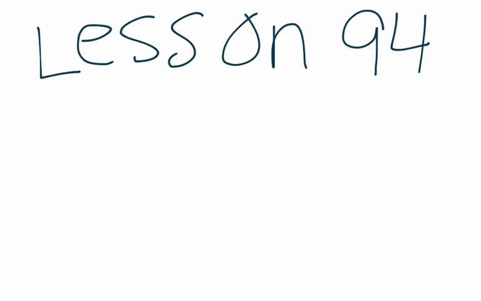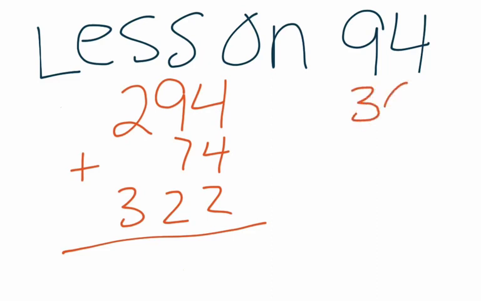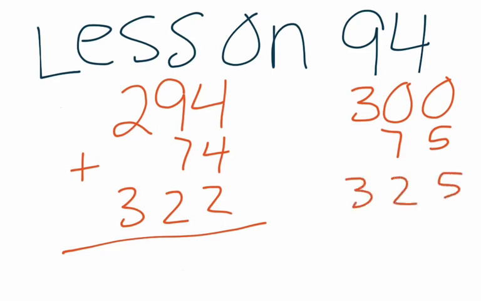So we have a question, 294 plus 74 and 322. Okay? So it's saying that we can change 294 to 300, which, wow, is way easier to work with for sure. 74 to 75, and 322 to 325.